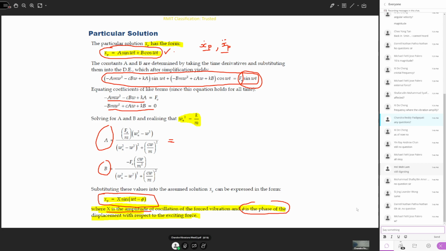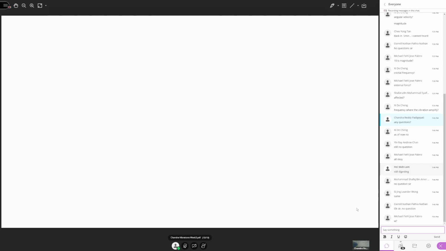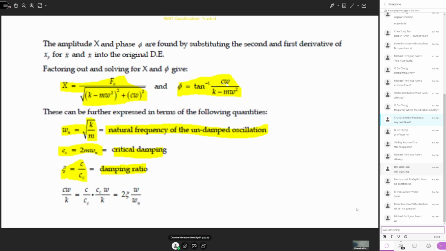Based on solving the particular integral, you can take x dot and x double dot and substitute back into the equation just like the previous way. This is an important expression, guys, you may note down, and this is an important expression for the phase.